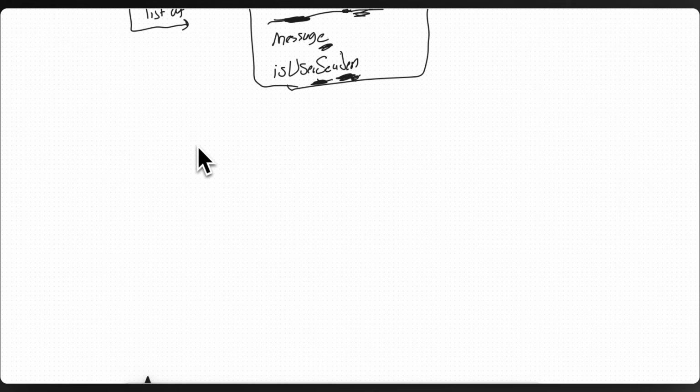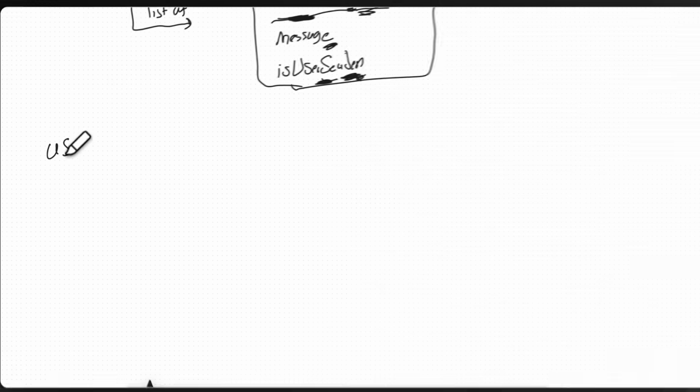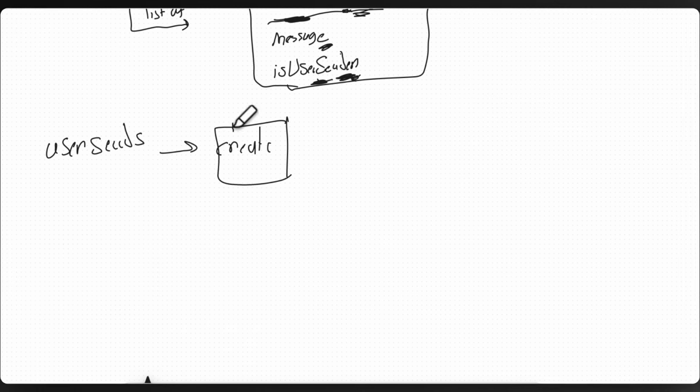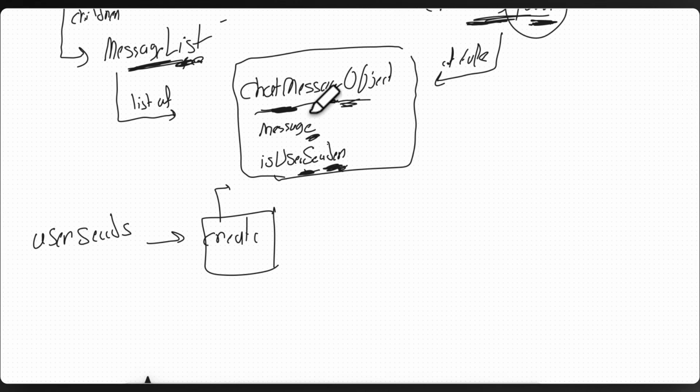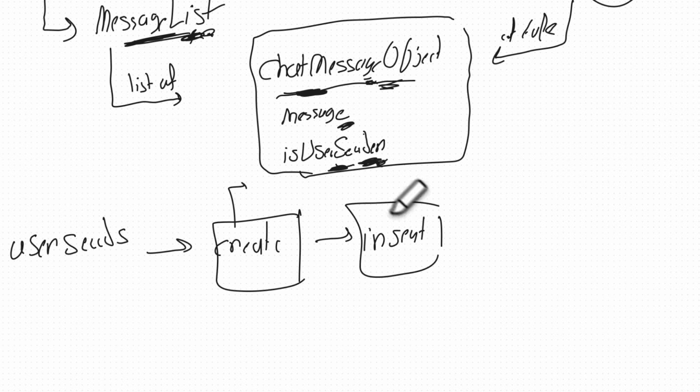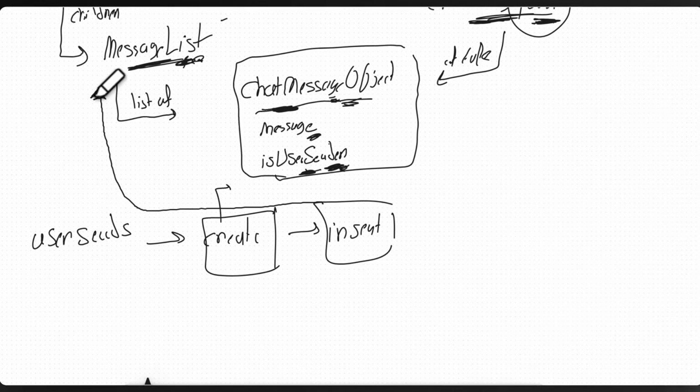The first scenario is when the user simply sends a message. When the user sends a message, what happens is we create an object from scratch of type chat message object. Then the next step, we insert this object into the message list.